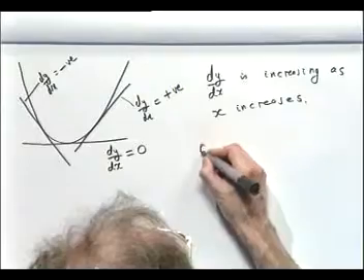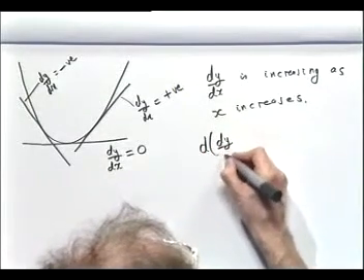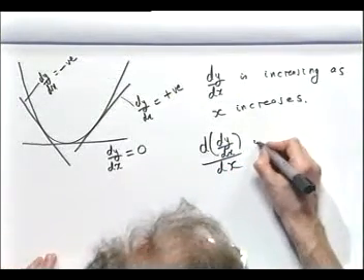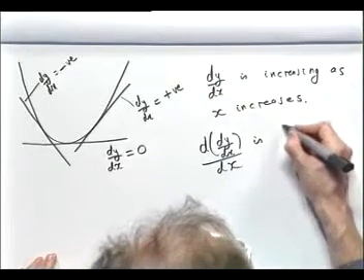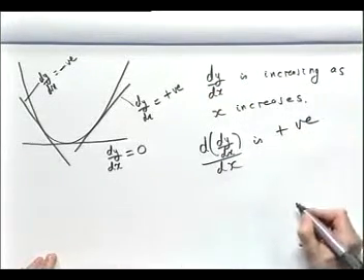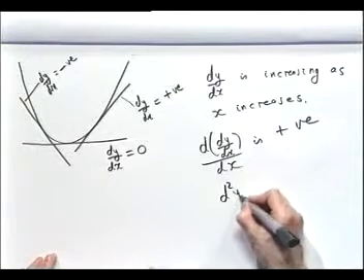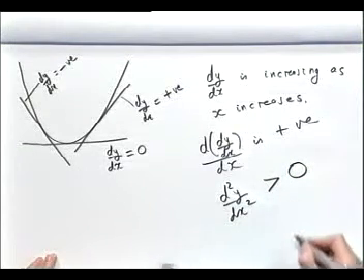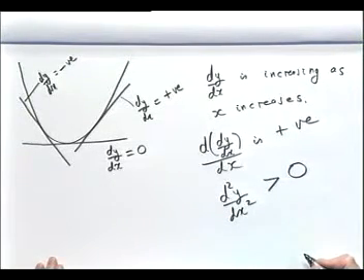Well, that means that the rate of change of dy by dx is positive, i.e. d2y by dx squared is greater than 0. So, if d2y by dx squared is greater than 0 and dy by dx is equal to 0, we know that we have got a minimum point.